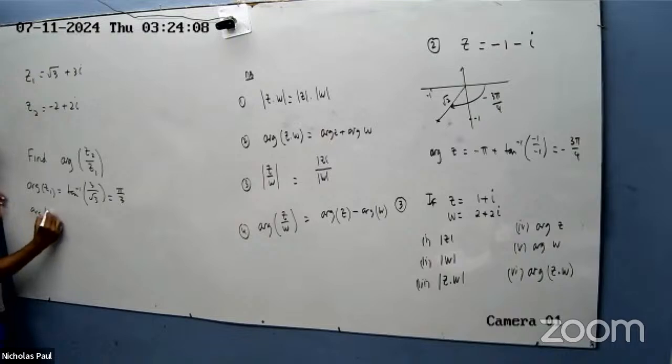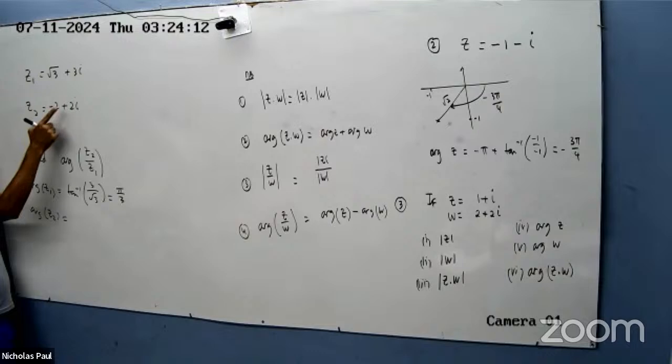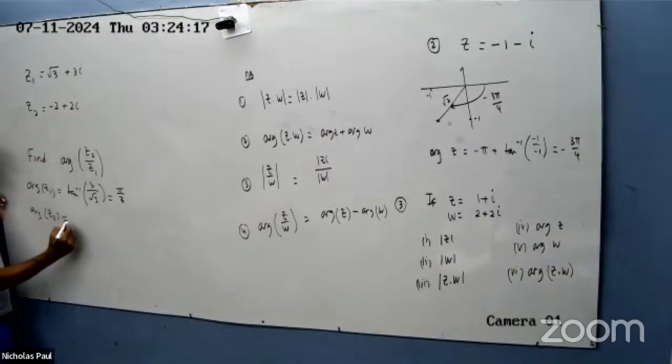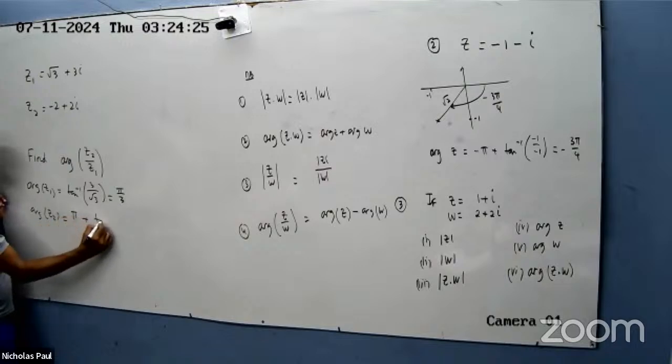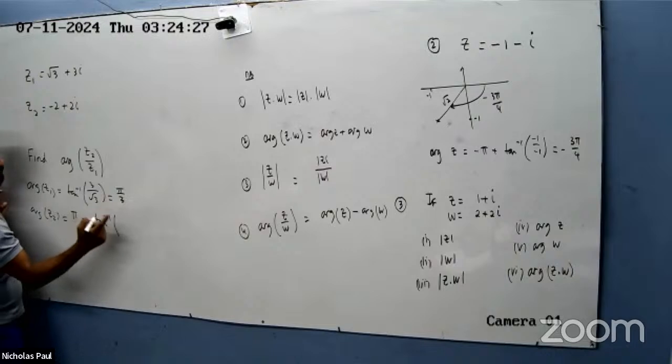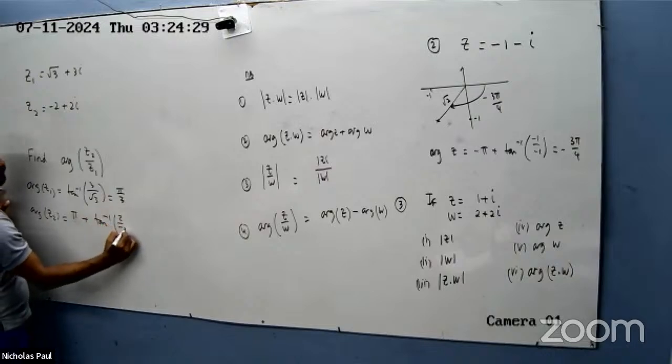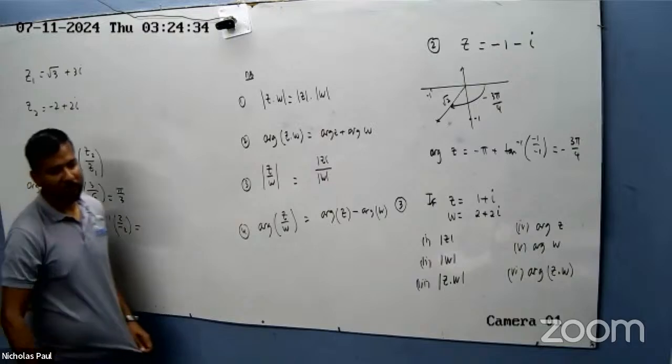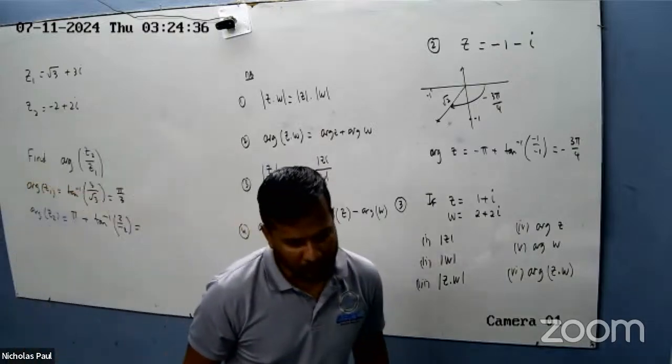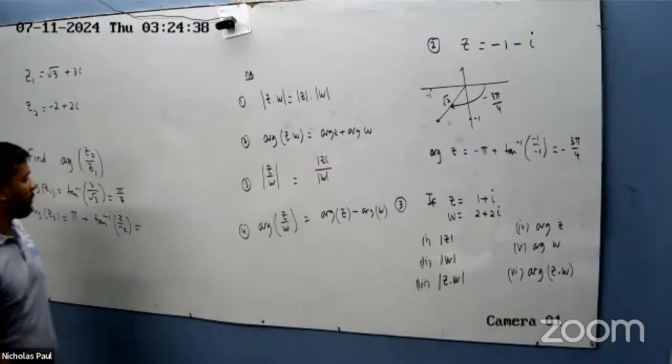And then you have the argument of z2. This is minus x, positive y, so that is in the second quadrant. So that's pi plus tan inverse of 1 over minus 2. How much is that? 3 pi on 4.